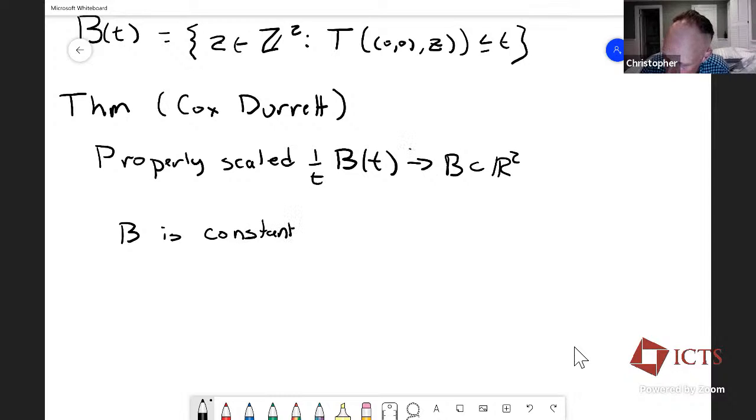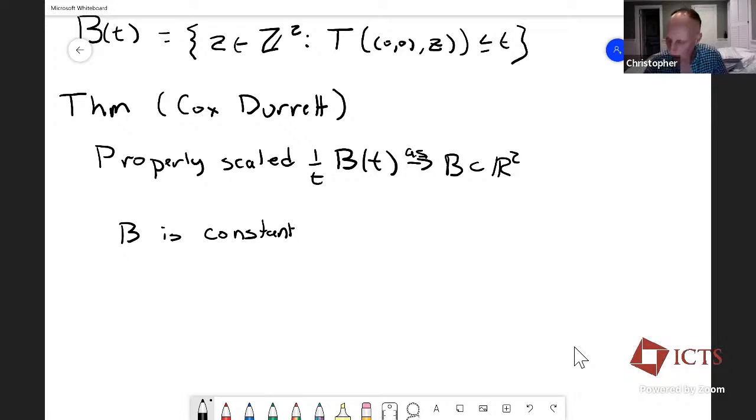And this convergence happens almost surely. So the set of points that I can reach in time t is growing linearly, like some shape in the plane, times t.